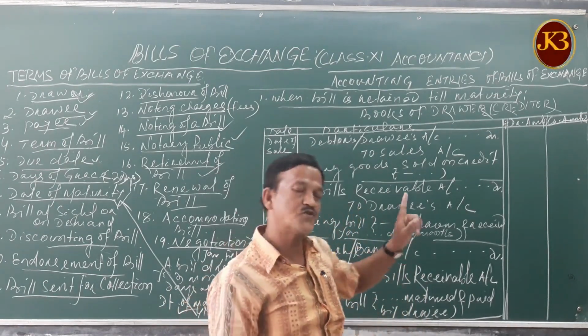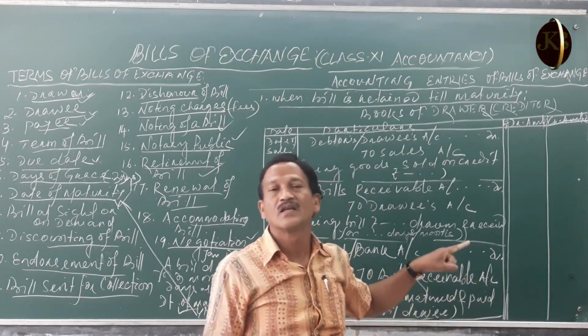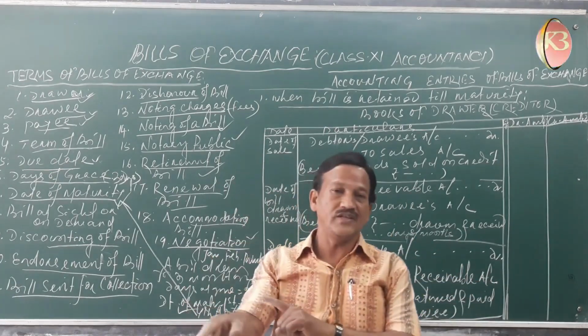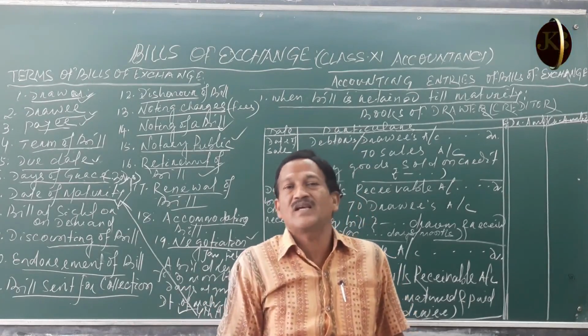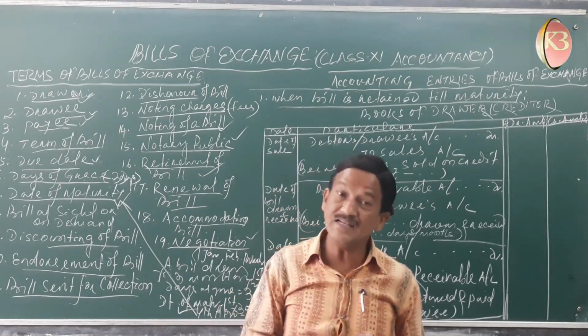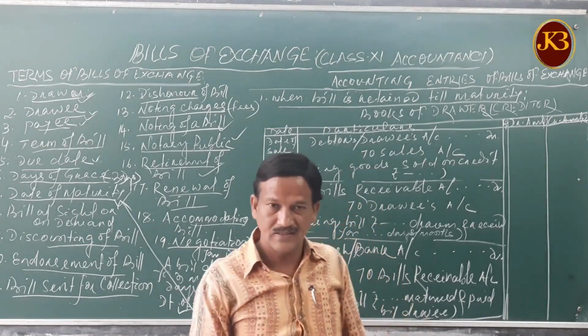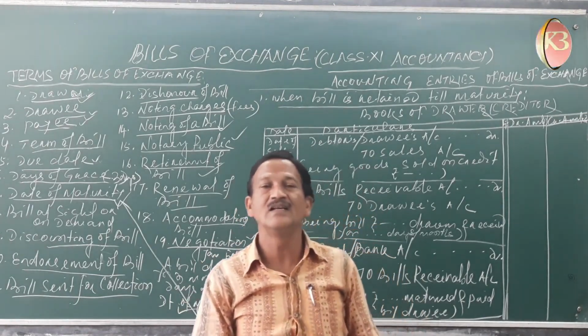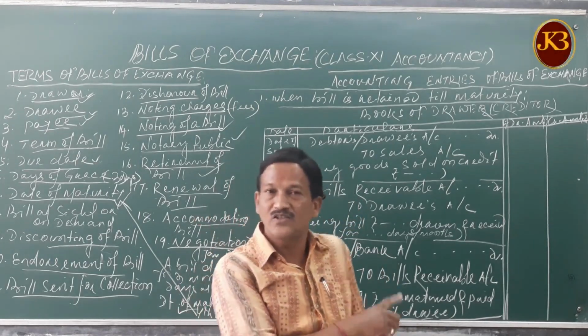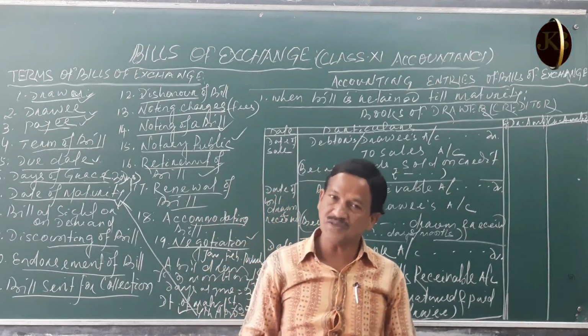After the bill is drawn by the drawer, it is sent to the drawee for acceptance, because without acceptance, a bill of exchange cannot be a valid bill. It is invalid. So the drawee will accept it, sign it, and return it to the drawer.